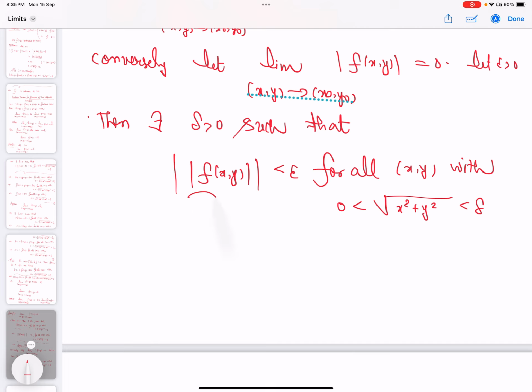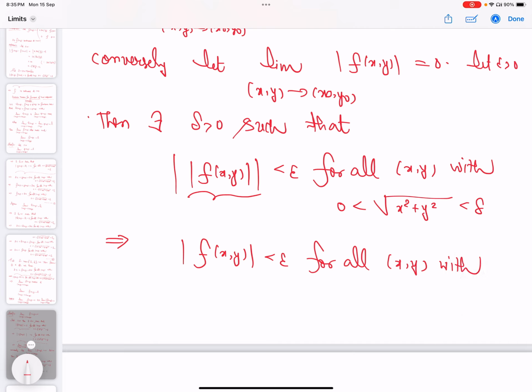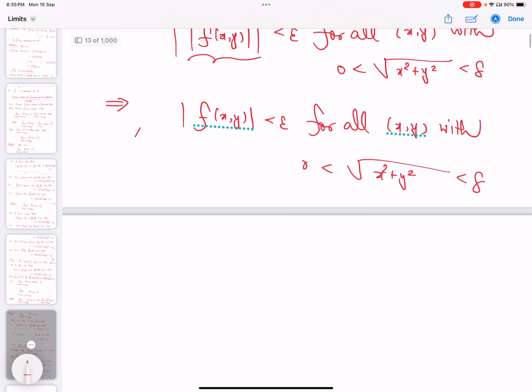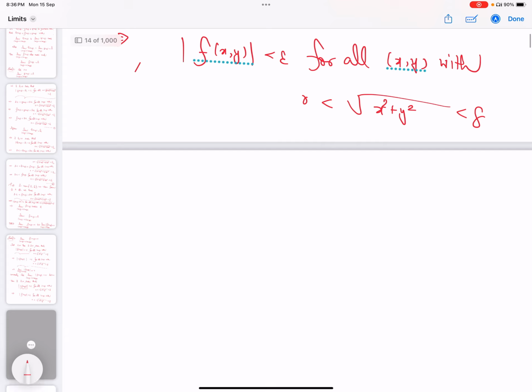But the inside thing is non-negative, so we can write it like that also. So what is the meaning of this?